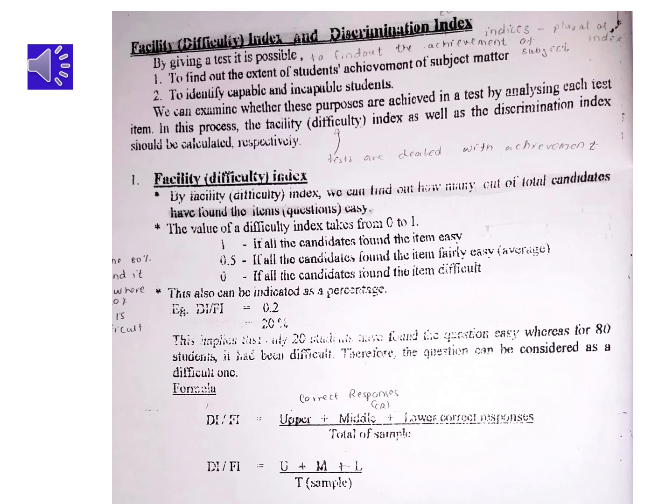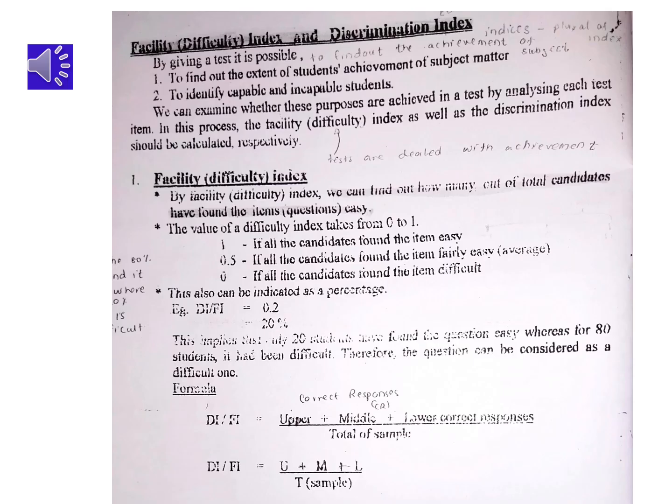We can examine whether these purposes are achieved in a test by analyzing each test item. We can check the above 2 advantages by giving the students a test and analyzing each item.